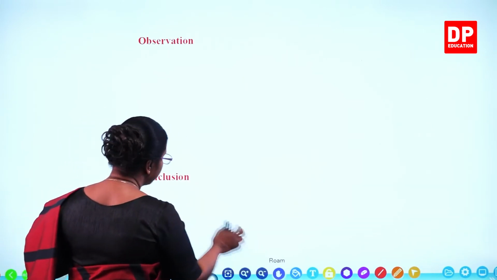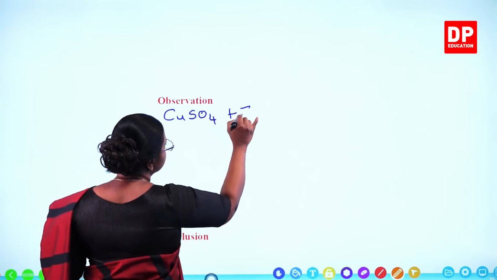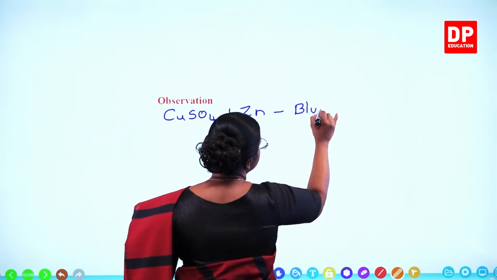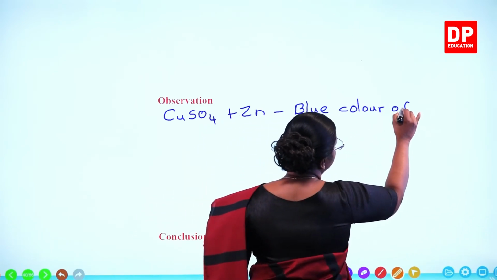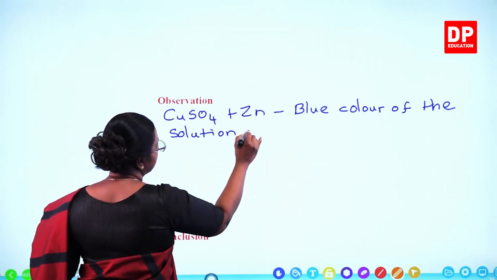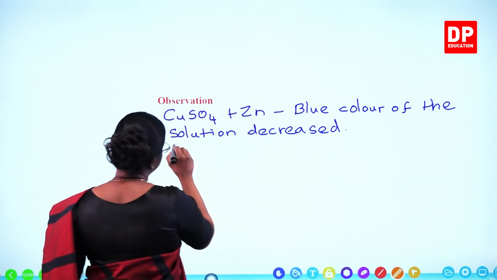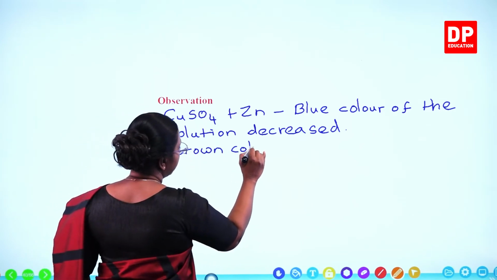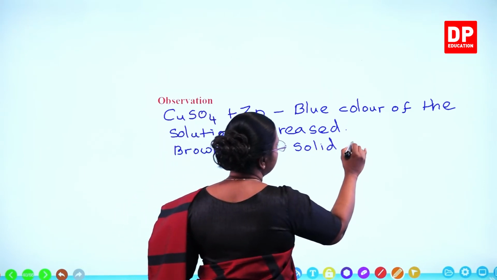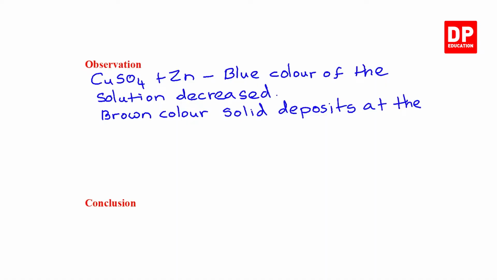So, if I write down the observation: copper sulfate plus zinc, the blue color of the solution decreased, and we were able to see brown color solid deposits at the bottom of the container.